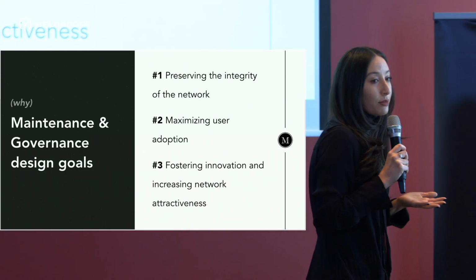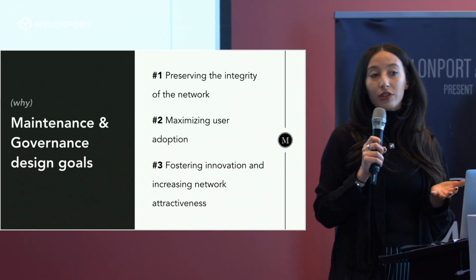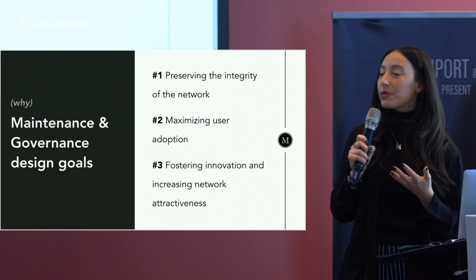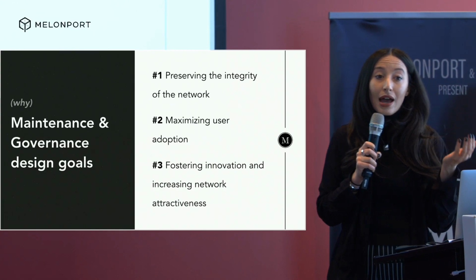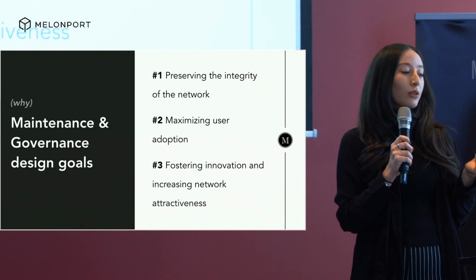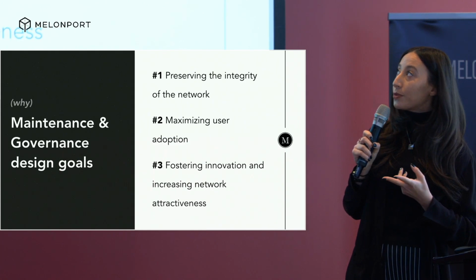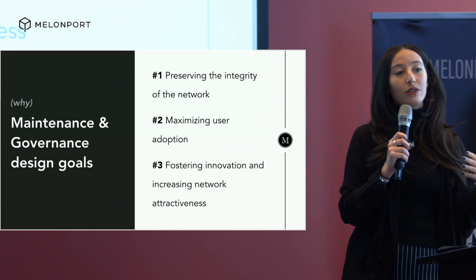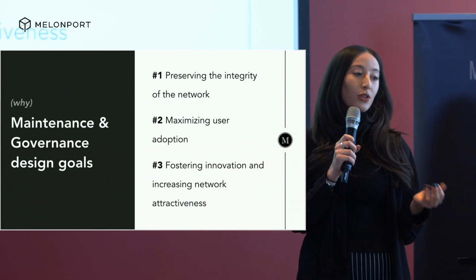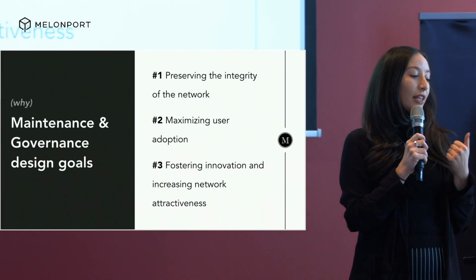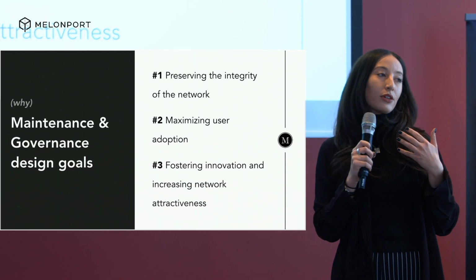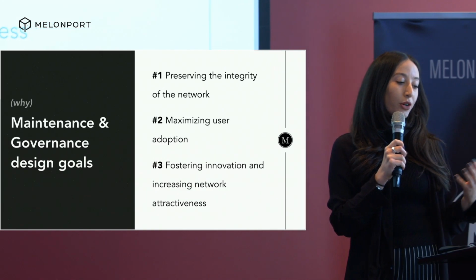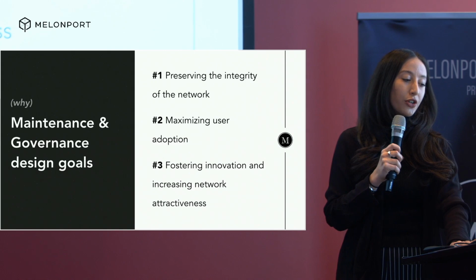The first one is preserving the integrity of the network and its security, which is obviously important in the case of a protocol for asset management. The second one is maximizing user adoption, since we linked the value of the token with the usage of the network. And the third one is fostering innovation to render the network more attractive in the future.